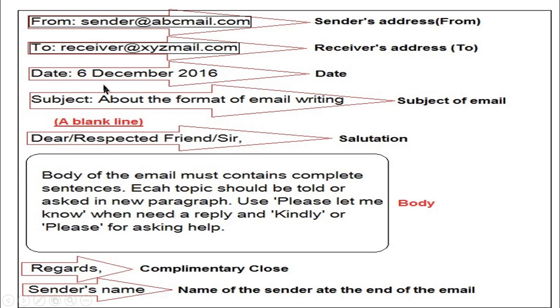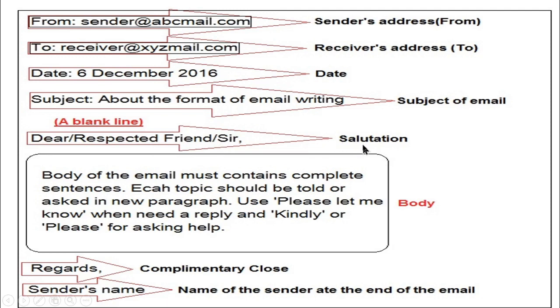And date. Sometimes we say sent. It's better to write sent. And then subject, that means the subject of the email. After that, you have to write the salutation, like dear friend or respected sir.